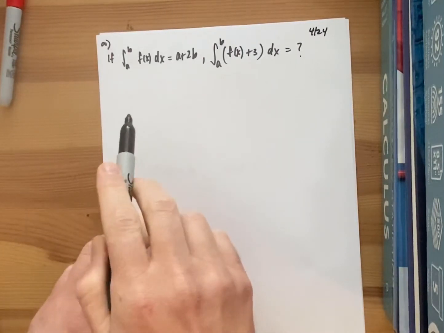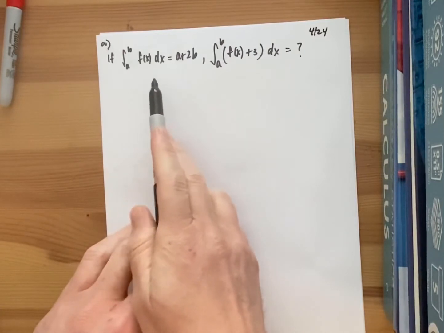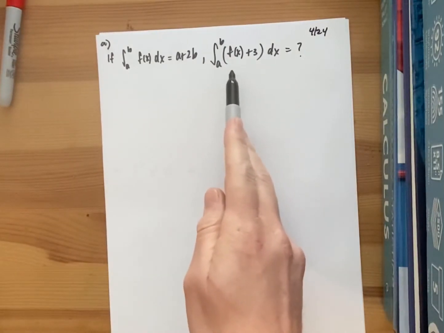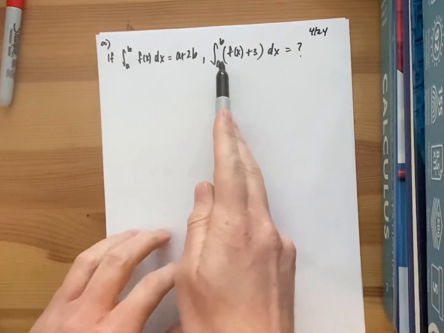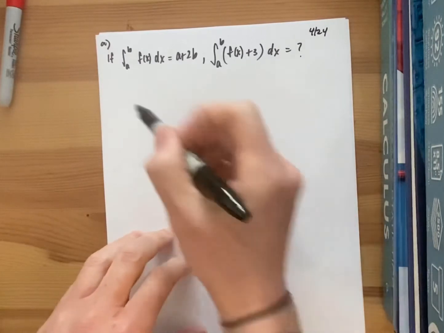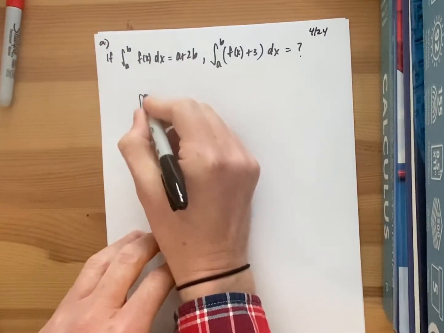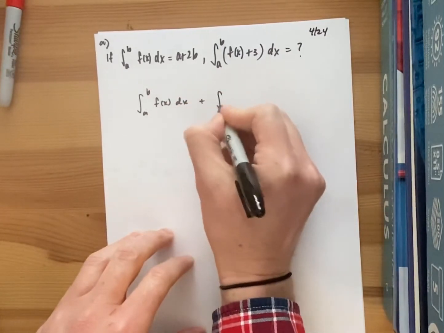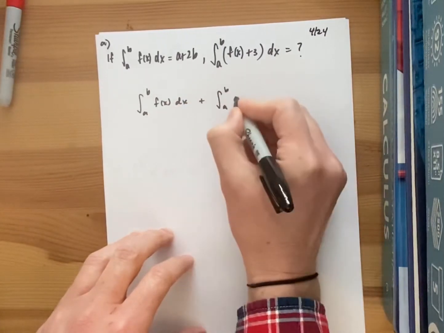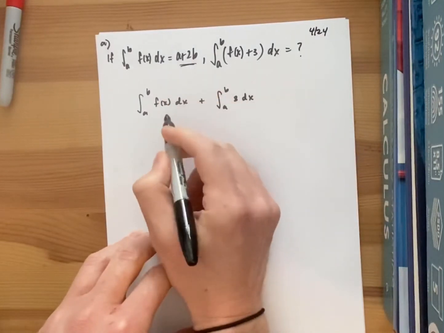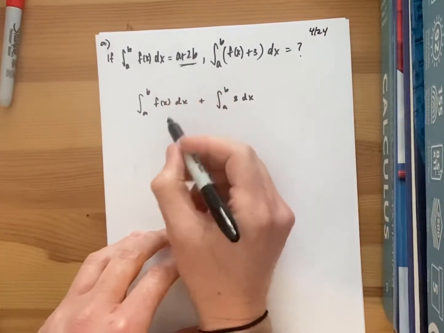First one, you had this integral from a to b of f of x, and it gave you a value of a plus 2b, and then they want you to find this here, f of x plus 3, and see what you get. So what you should have done is break up the integrals. We already know this one's equal to a plus 2b.